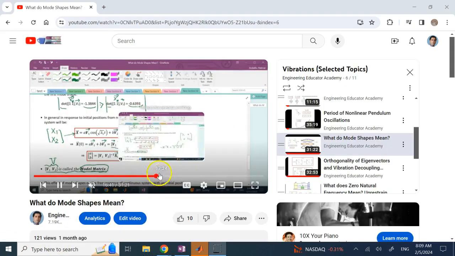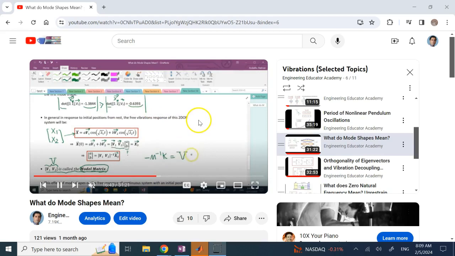If you go to this video around 15 or 16 minutes, you see that here V1 and V2 are those mode shapes in this case, and x0 is the initial condition. So here we assume that x dot 0 is 0, just x0 is non-zero. You see the coefficients that you need for the solution of the system, a v1 times cosine of this square root of lambda, which here is omega 1. Right?